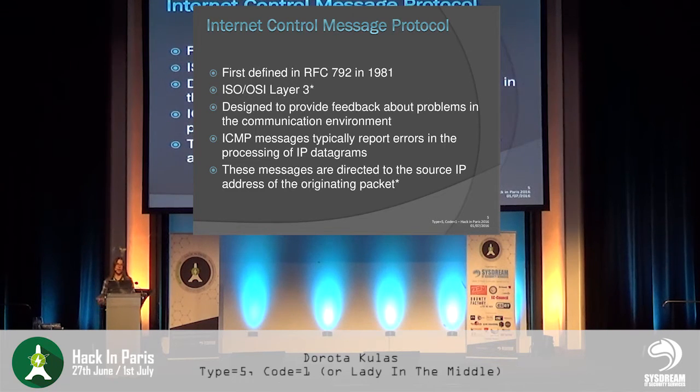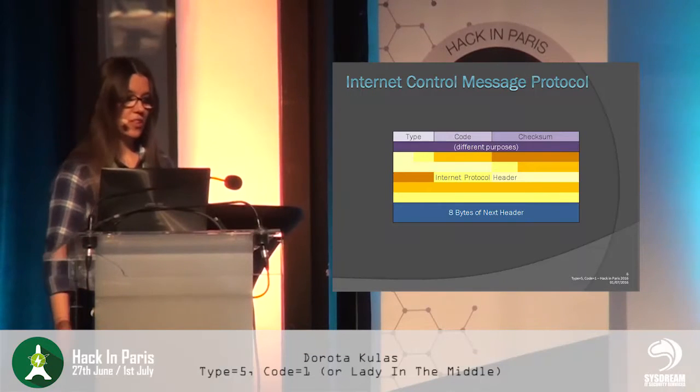One example of an ICMP error message is UDP port unreachable. When the packet reaches the destination and there is some error, the host, or typically the router, but sometimes just the destination host, will send back an error message with an IP header of its own, and then it will embed an ICMP message, which then embeds another IP header of the originating packet.